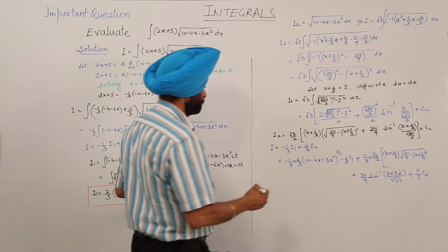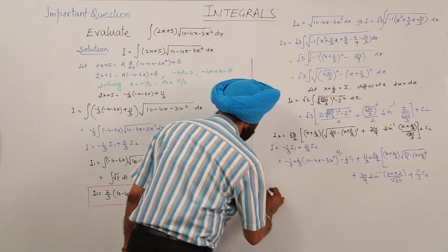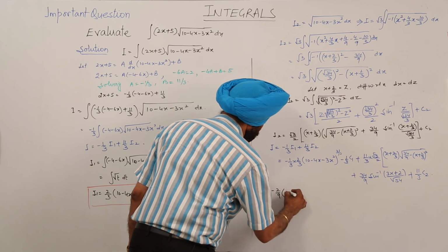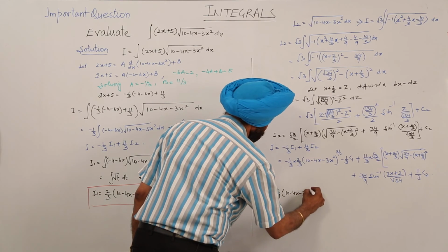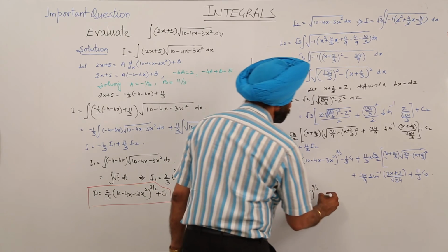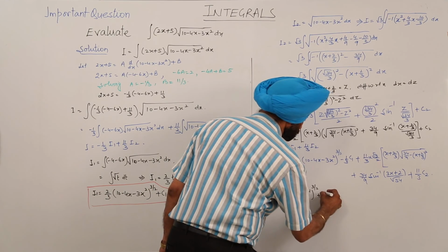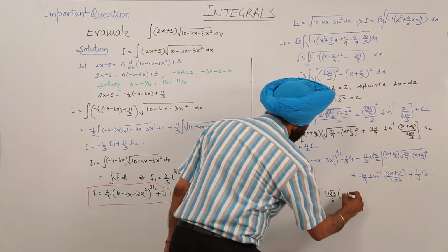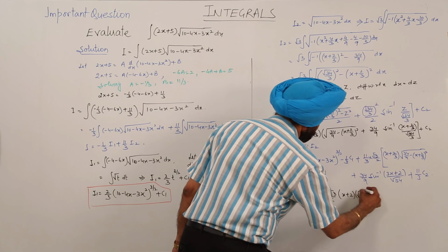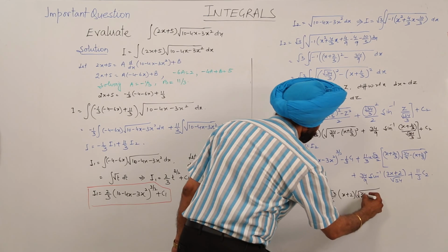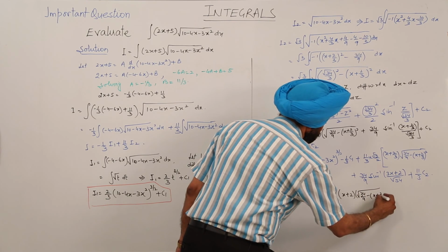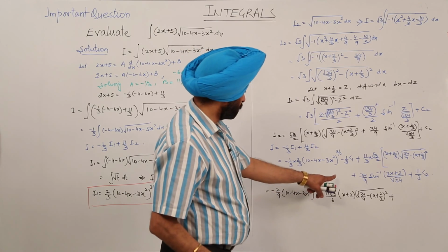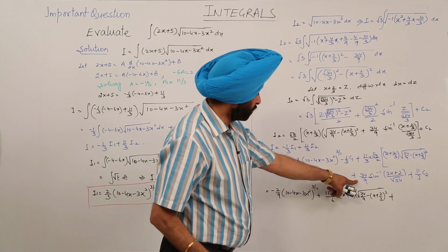Now the final answer: -2/9 (10 - 4x - 3x²) raised to power 3/2 plus 11 root 3/6 times (x + 2/3) times the square root of 34/9 - (x + 2/3)², plus this term multiplied by 34/9.